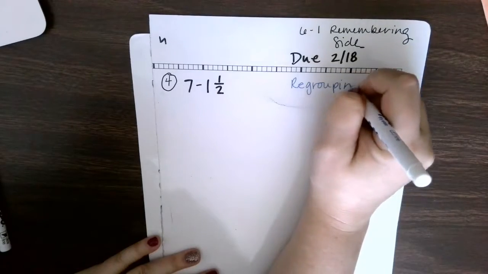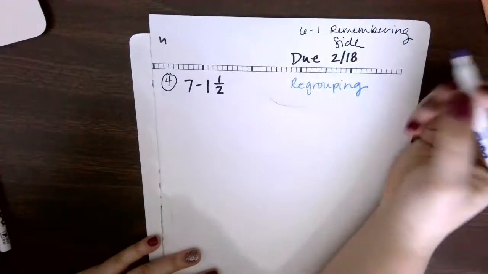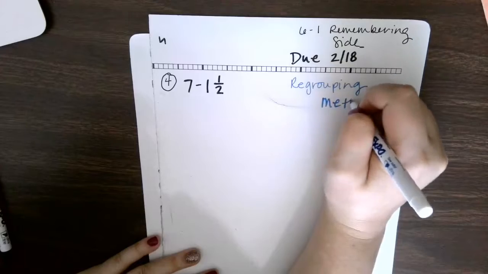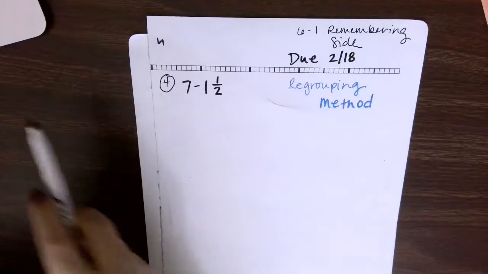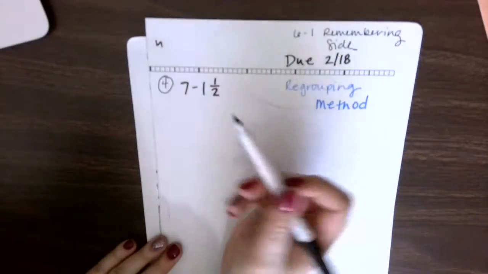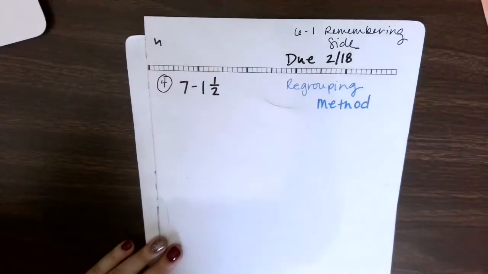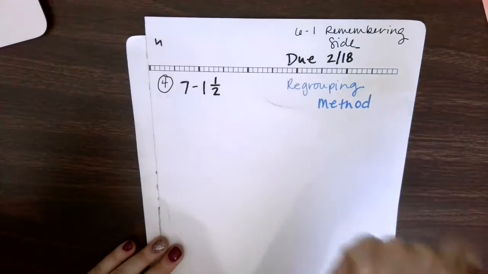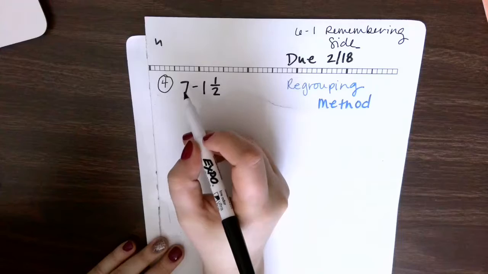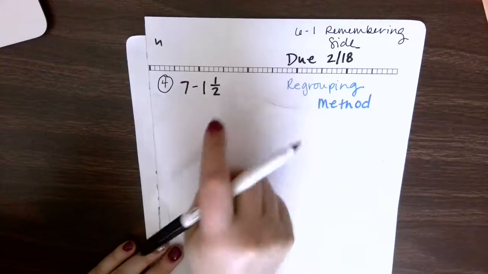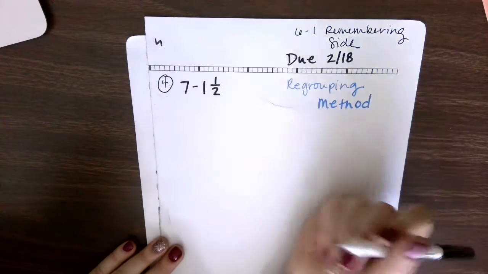This is the method you might be the most familiar with. In this case, we're going to have to regroup whole numbers into a fraction form in order to subtract out this 1/2.